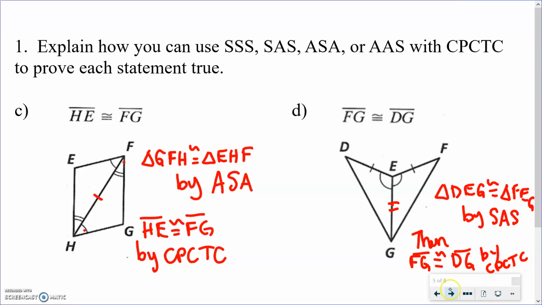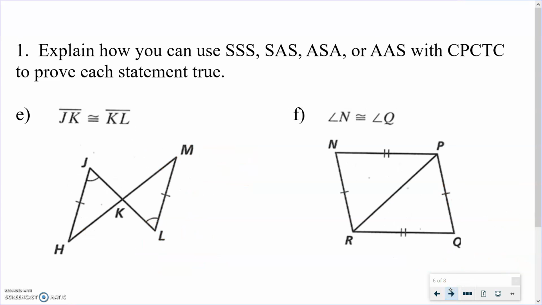Okay, let's try a few more. Again, we're just looking at these triangles, trying to decide how they're congruent. I'm looking here and I see that these are vertical angles. And so I'm saying angle, angle, side. Angle, angle, side. So triangle HJK is congruent to triangle MLK by angle, angle, side congruence.